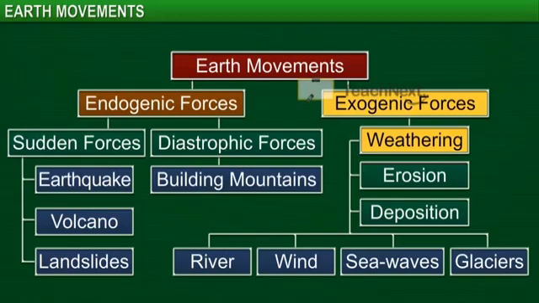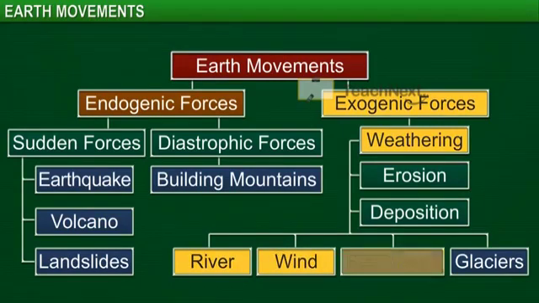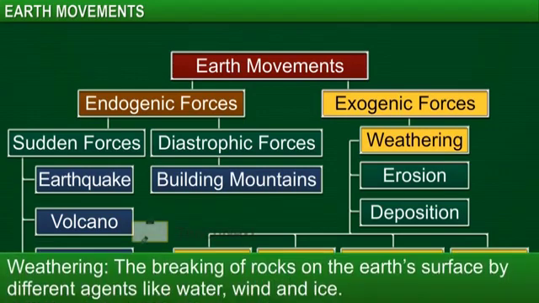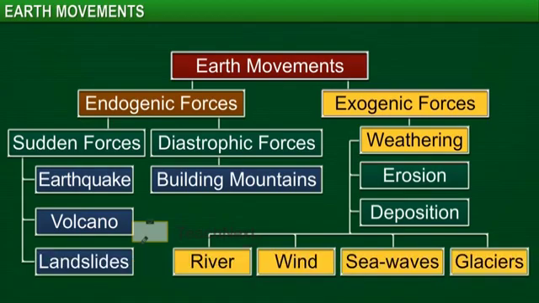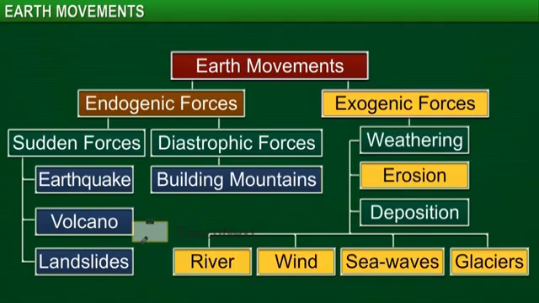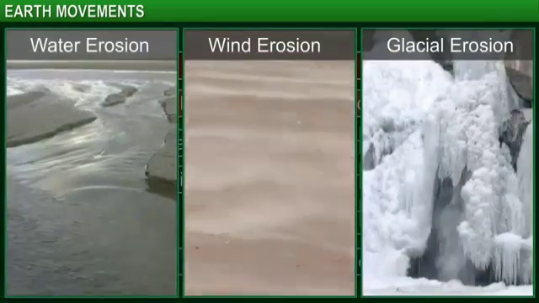These agents could be rivers, wind, sea waves, and even ice in the form of glaciers. Erosion occurs when the same agents carry away the broken rocks to other places.